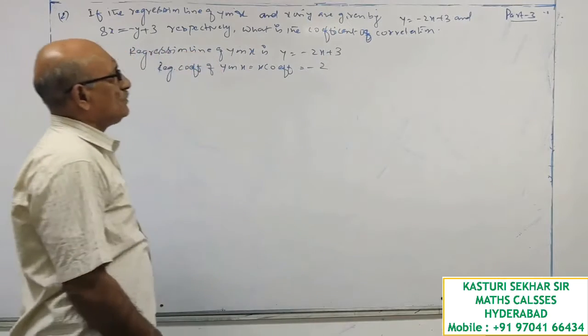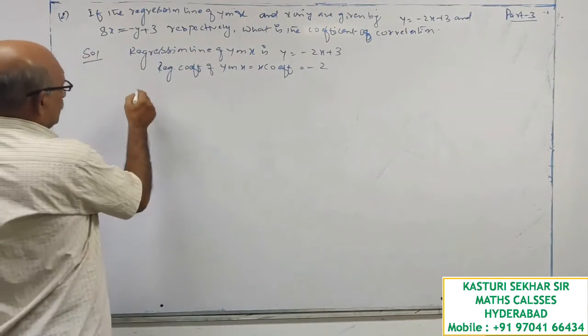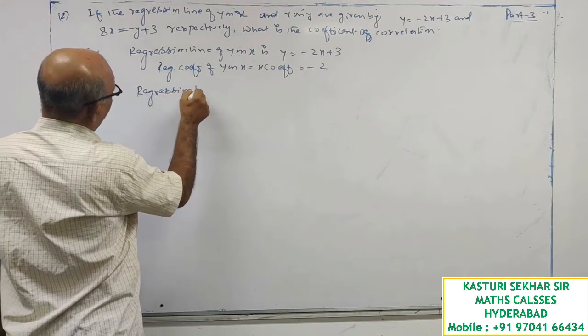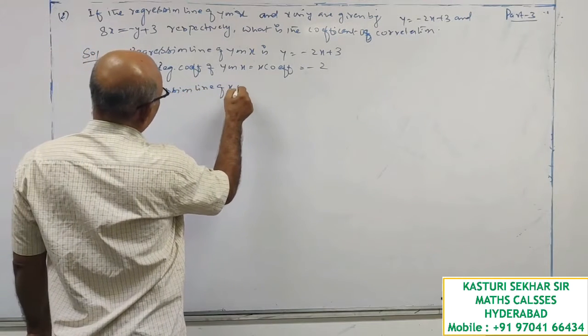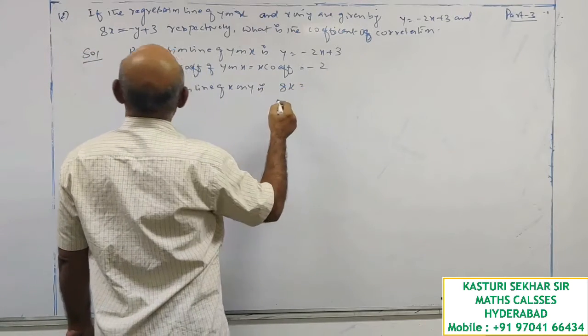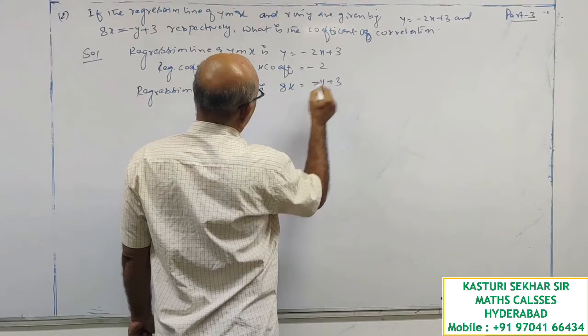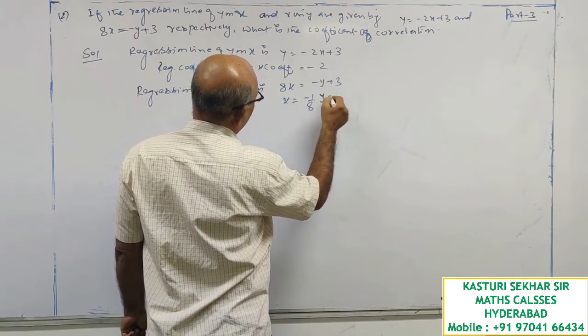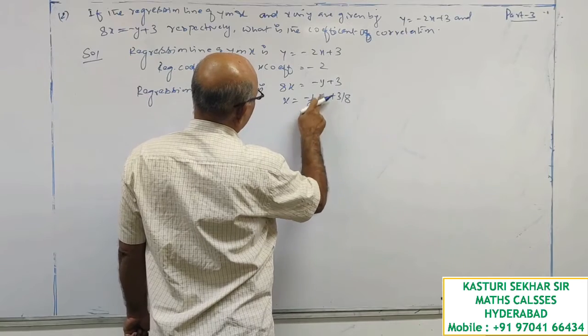This is minus 2. Next, the regression line of x on y is 8x is equal to minus y plus 3. X is equal to minus 1 by 8 into y plus 3 by 8.